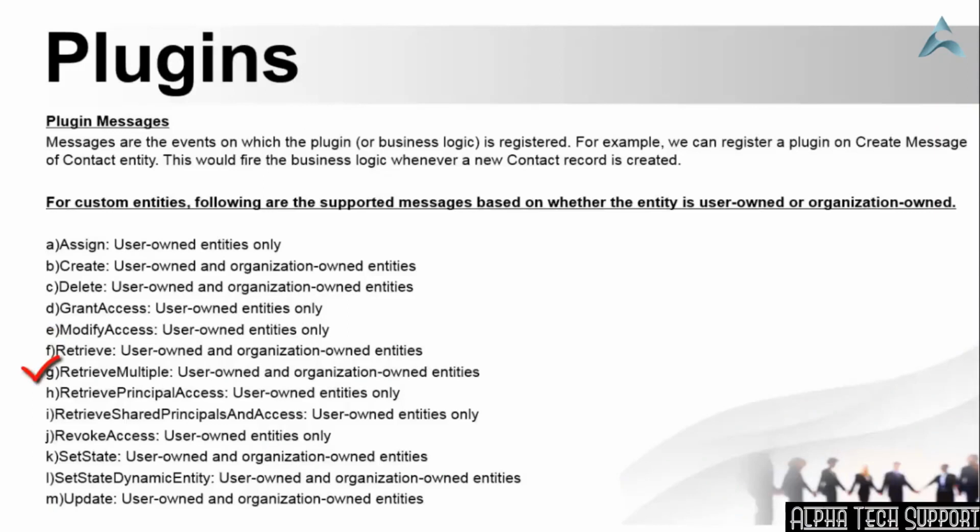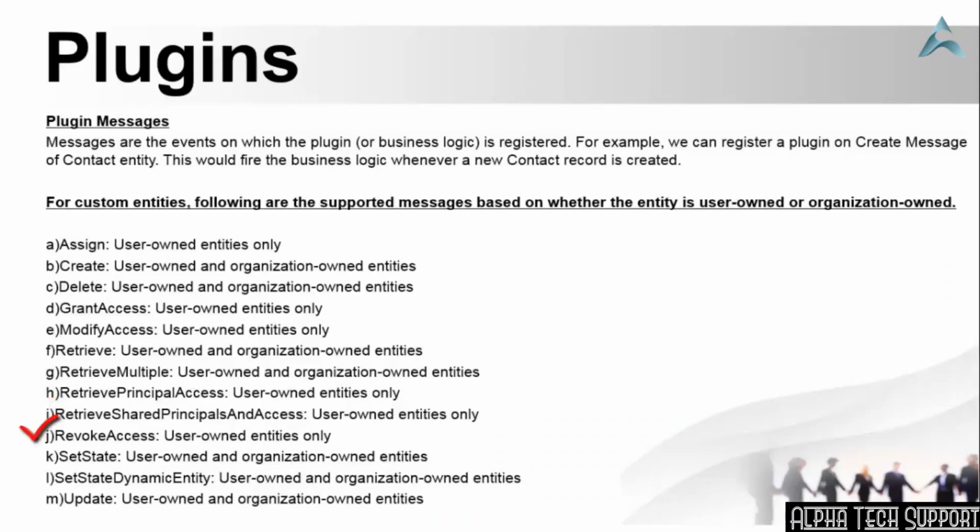You can retrieve multiple user data and multiple organization data using retrieve multiple, so retrieve multiple is for user owned and organization owned entities. Then there is retrieve principal access, which is for user owned entities only. Then retrieve shared principal and access, again for user owned entities.